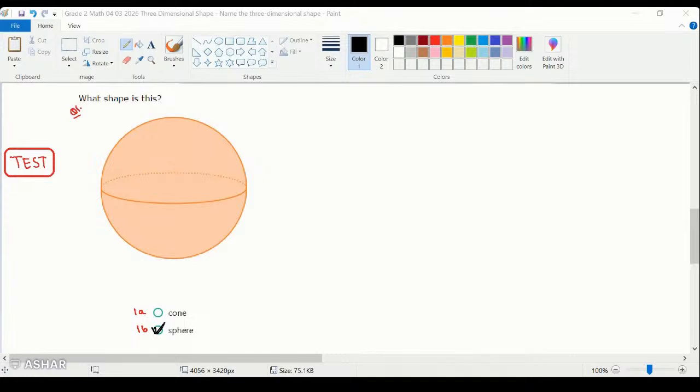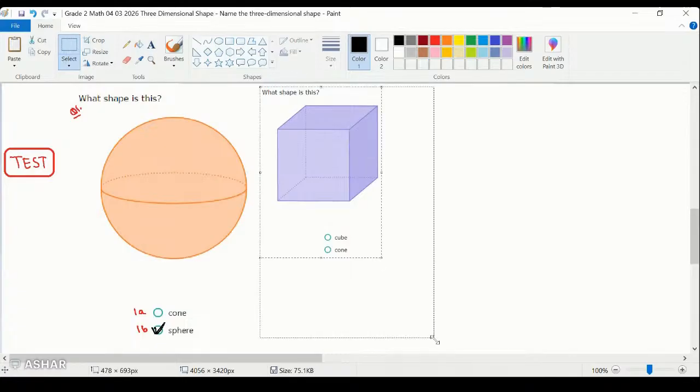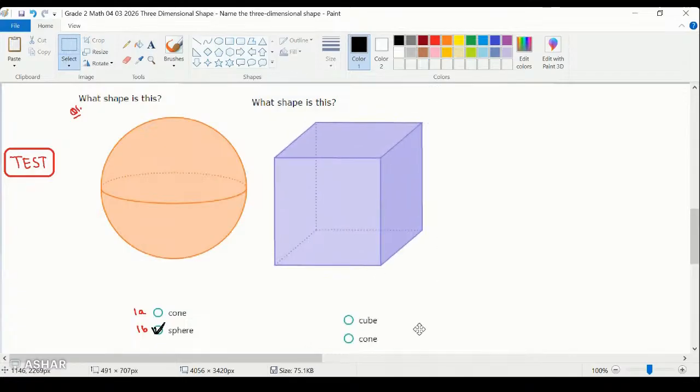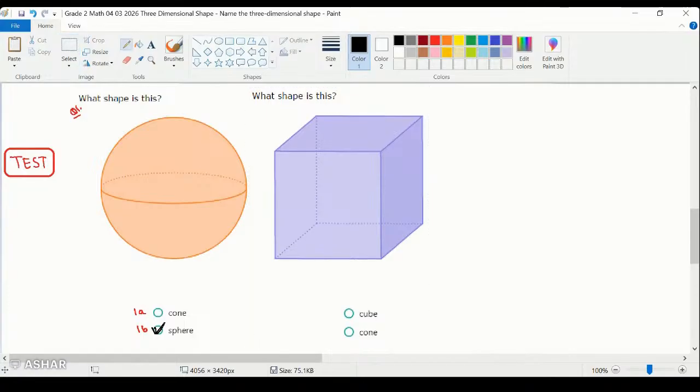Question number 2 says, what is this shape? We can say 2A or 2B.